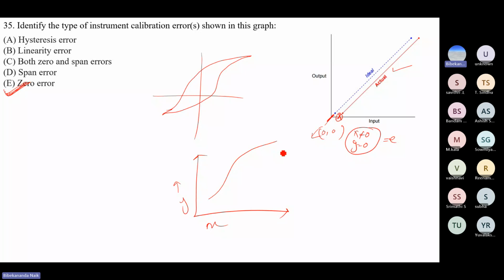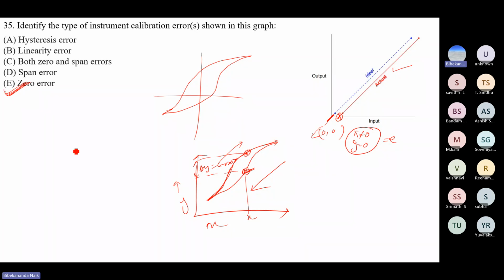But when we are decreasing it, if it comes back the same way, there will be no hysteresis error. But it comes like this, so at this point this was one value, this is the other value. So there is some error. This type of error is due to hysteresis.